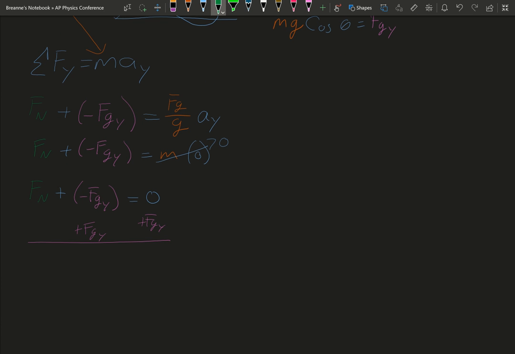We see that our normal force equals our force of gravity in the y.